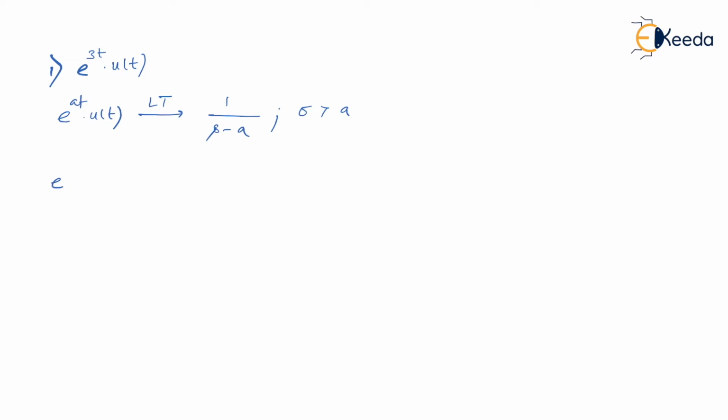So by using this, e to the power 3t times u of t will have a Laplace transform of 1 upon s minus 3, where sigma, that is nothing but the real part of s, should be greater than 3.